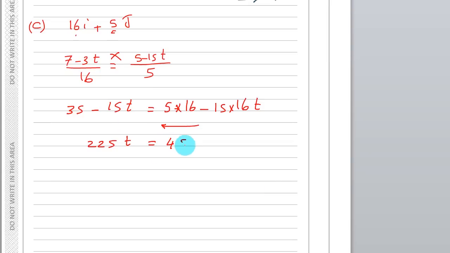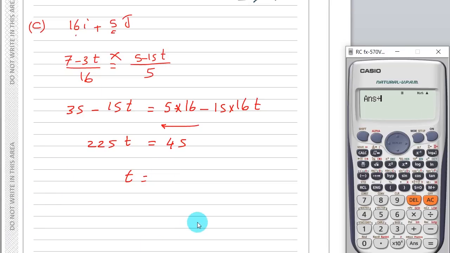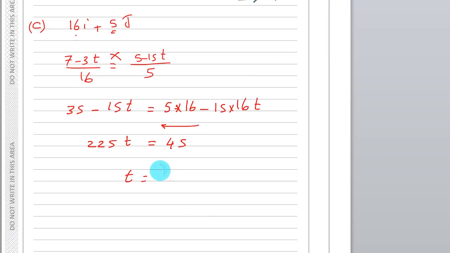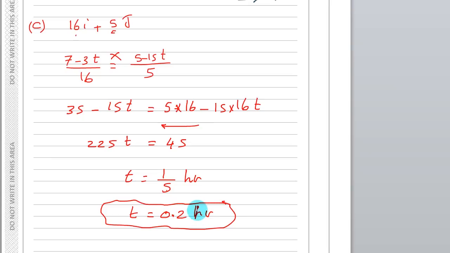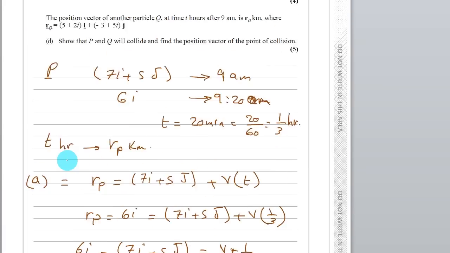So t will equal 45 divided by 225, so 1 over 5. t is equal to 1 over 5 hours, so t is equal to 0.2 hours. Okay, so this is the value of t, and this is number C.